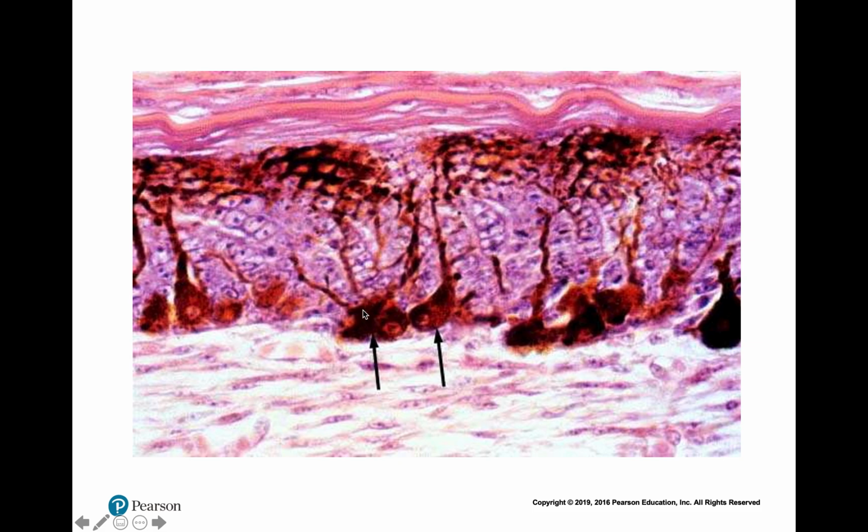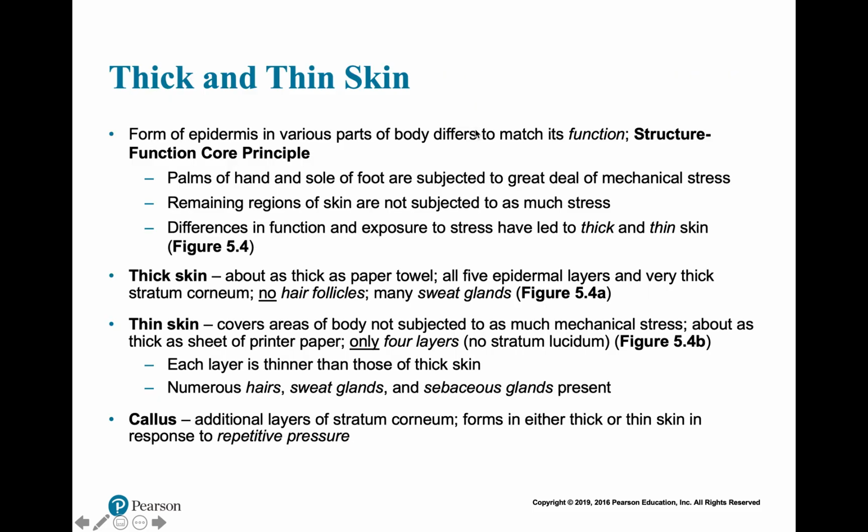This is a micrograph, a histology slide specially stained for melanocytes. Cell bodies of the melanocytes are these darker cell bodies, and then you can see these huge cytoplasmic processes that reach up all throughout the many, many layers of the stratum spinosum.